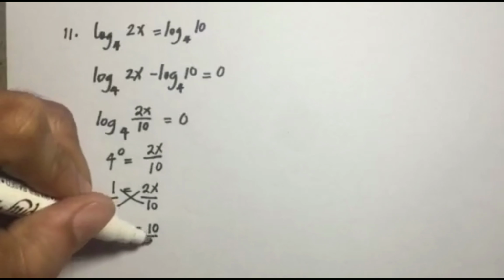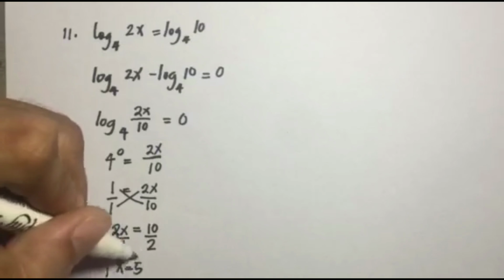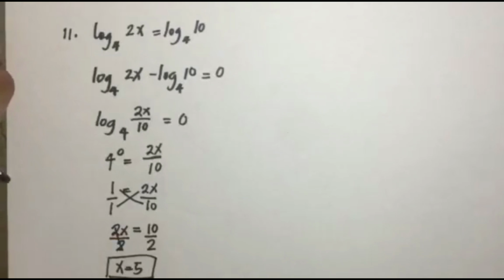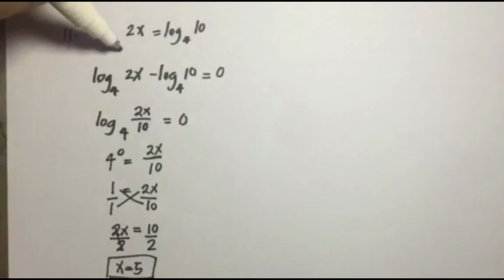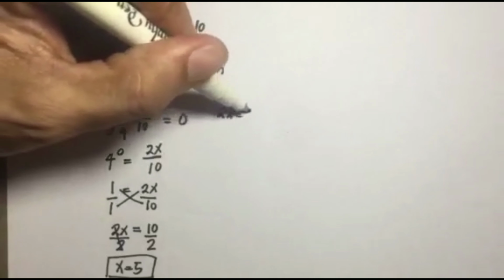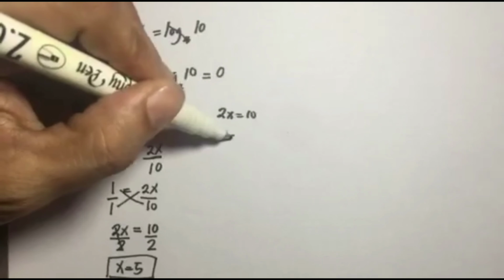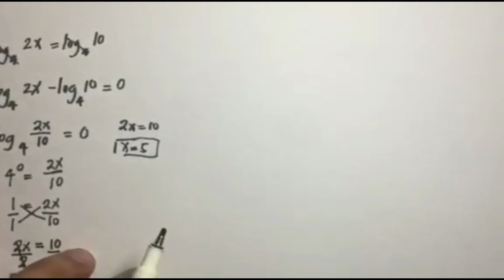From here, we can divide both sides by 2. So, we can get that x equals 5. Okay? Another method on how to solve for this number 11, pwede na natin i-cancel tong dalawa since parehas naman yan, matitira is 2x equals 10, giving us that x is also 5. Same lang naman. Okay, number 11.